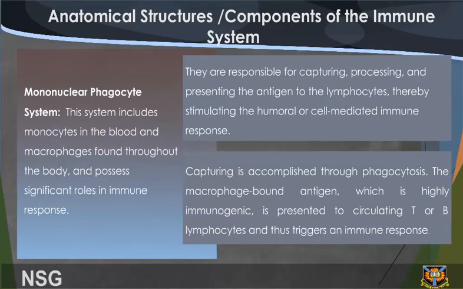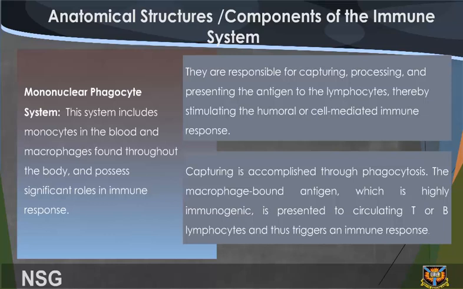Mononuclear phagocyte system. This system includes monocytes in the blood and macrophages found throughout the body and possess significant roles in immune response. They are responsible for capturing, processing, and presenting the antigen to the lymphocytes, thereby stimulating the humoral or cell-mediated immune response.